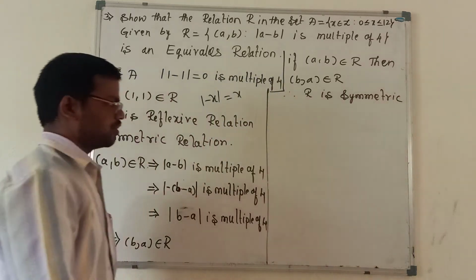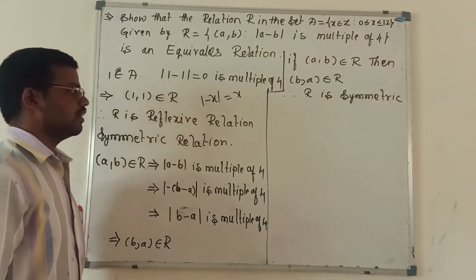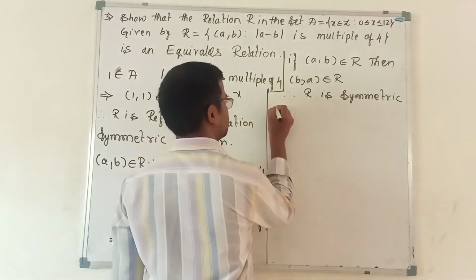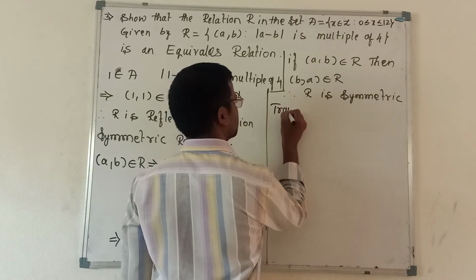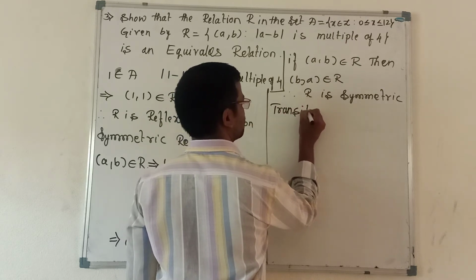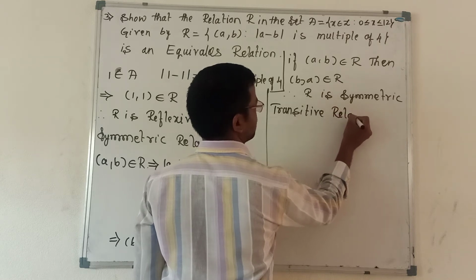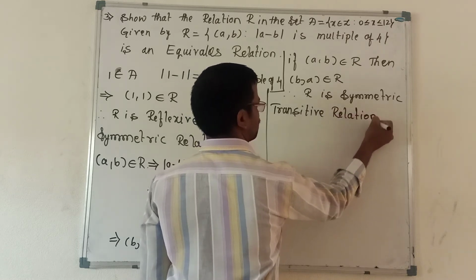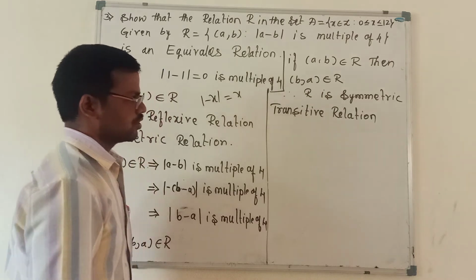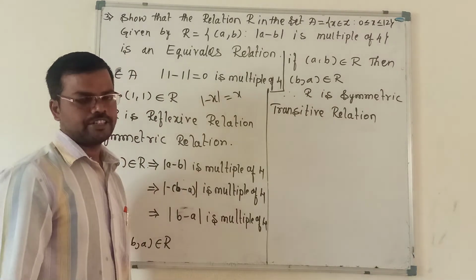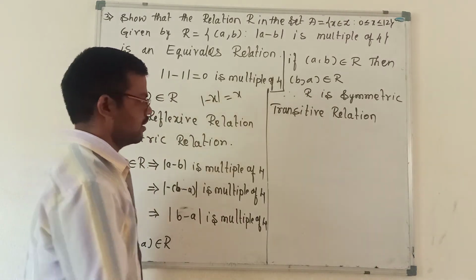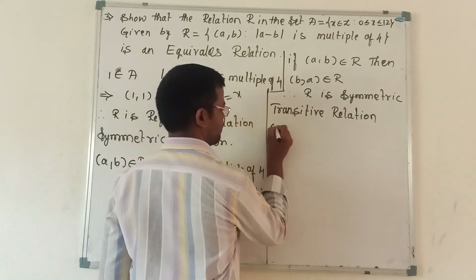So next, what we have to show, our last property, is the transitive relation. For a transitive relation, at minimum we need two pairs. So we have a simple concept.